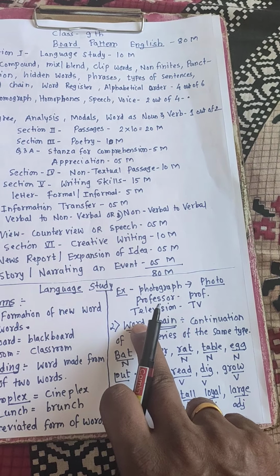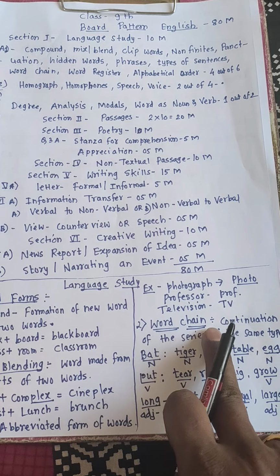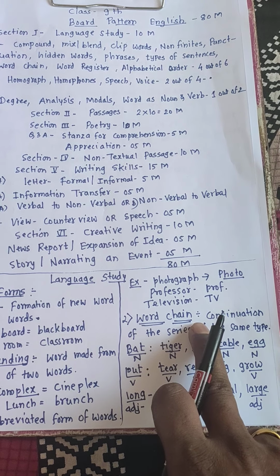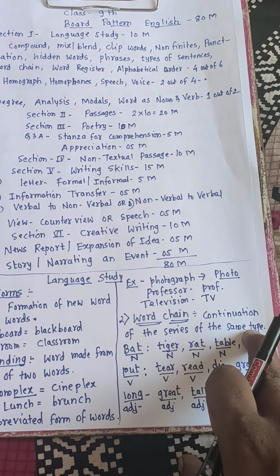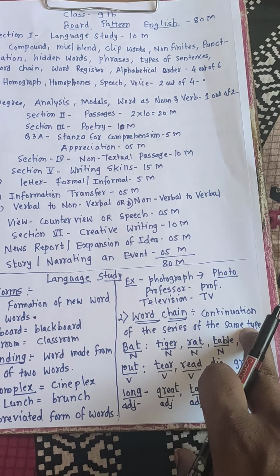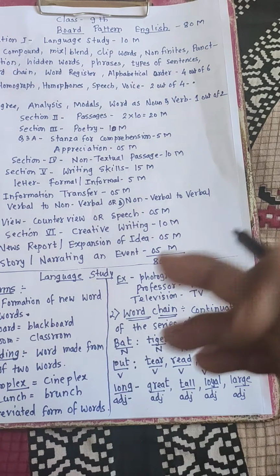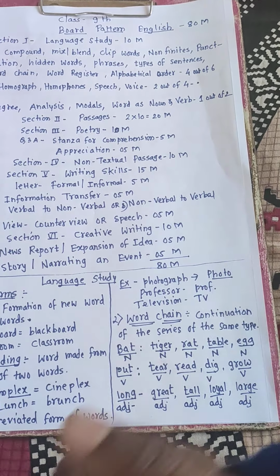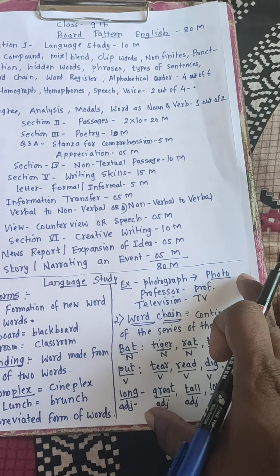Next section, next category in language study is word chain. Remember, word chain means continuation of the series of the same type. Means words will be given to you, they may be nouns, it may be a verb, or it may be adjective, but definitely out of these three, either it will be a noun or verb or adjective.